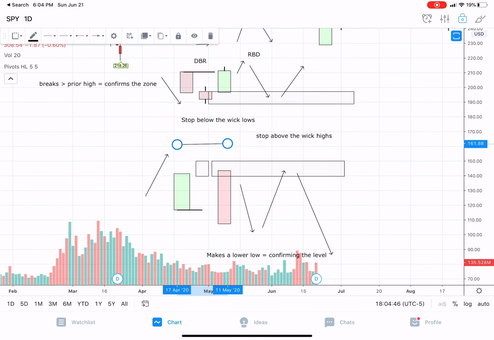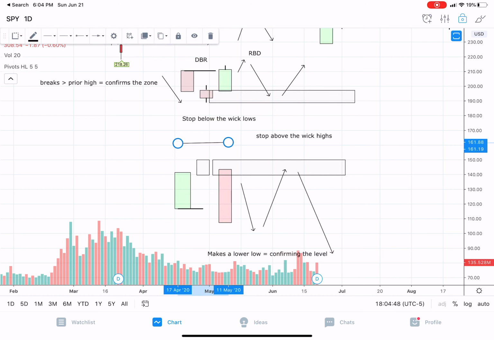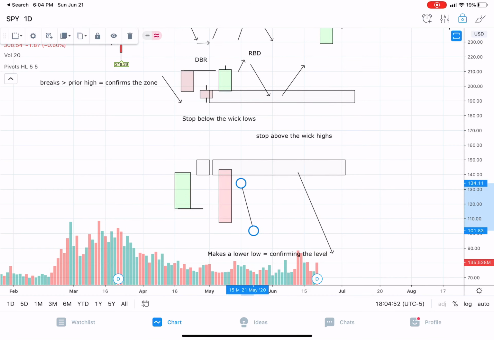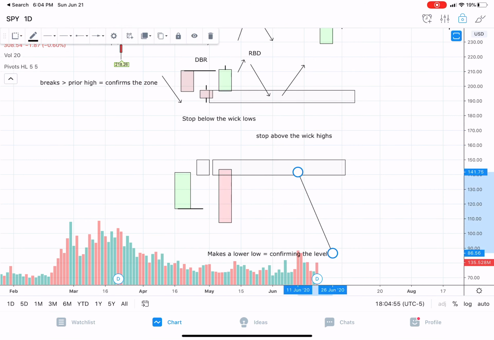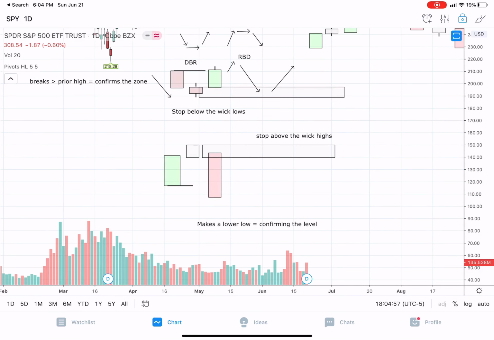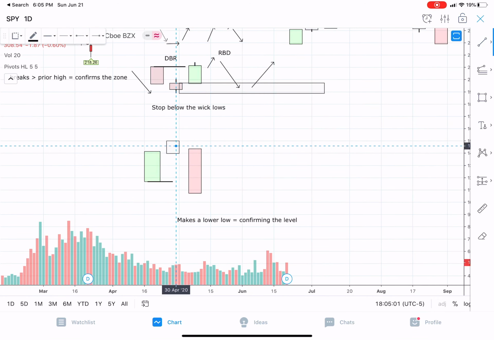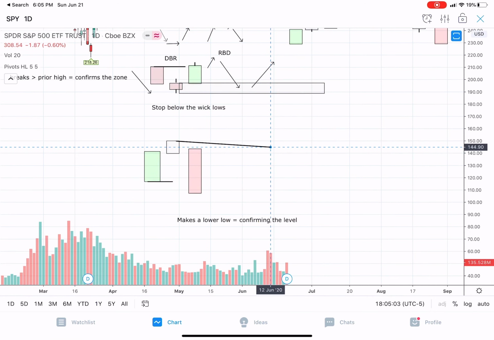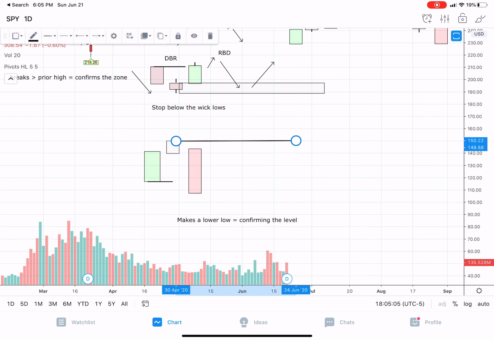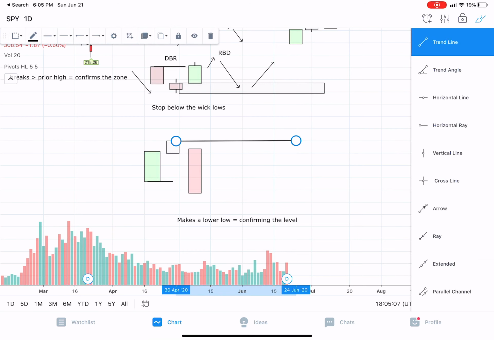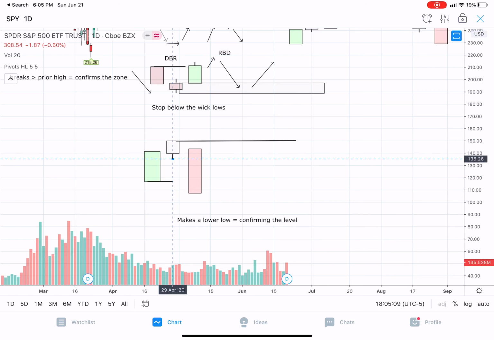So if I want to incorporate wave theory, the idea behind being able to identify powerful reversal structures like these is this. Let me clear these out. You get your zone formed here. And then let's give a little wick here, just change it up.